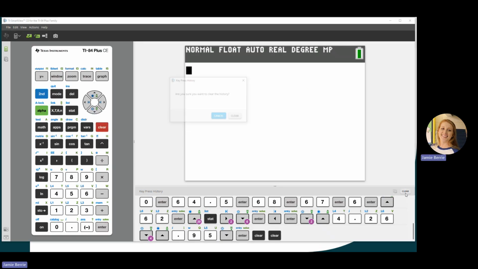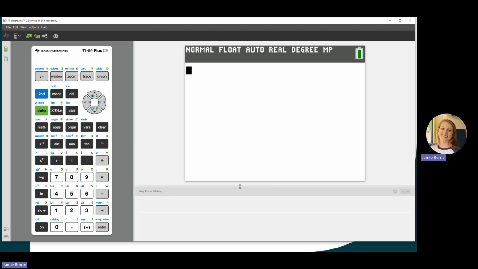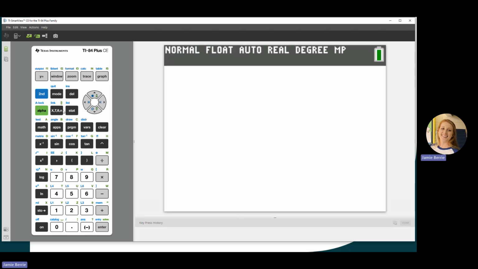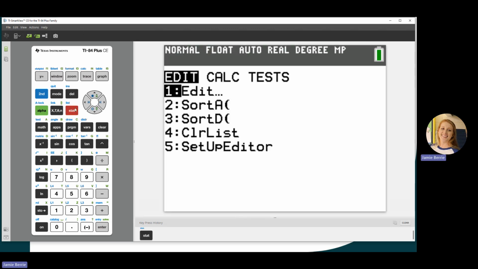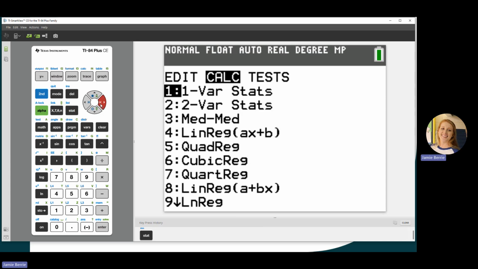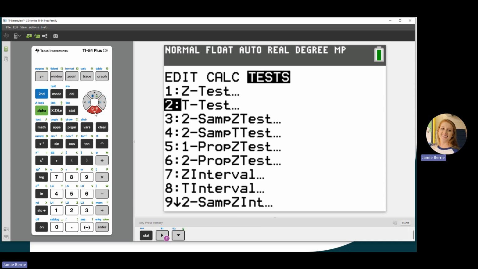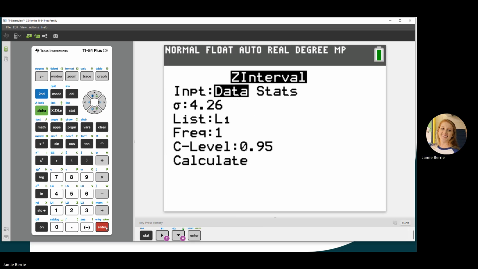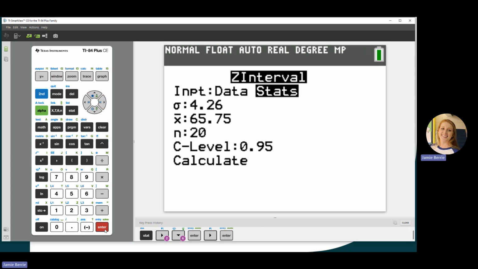I'm going to clear out my stuff at the bottom. All right, so we're going to go to stat. We don't have any data to type in this time, so we're just going to go straight over to test, go down to Z interval, hit enter. And this time you're saying, okay, I don't have a data set typed in, so I'm going to go over to stats, hit enter. So you only go to data when you are manually typing in everything into L1.